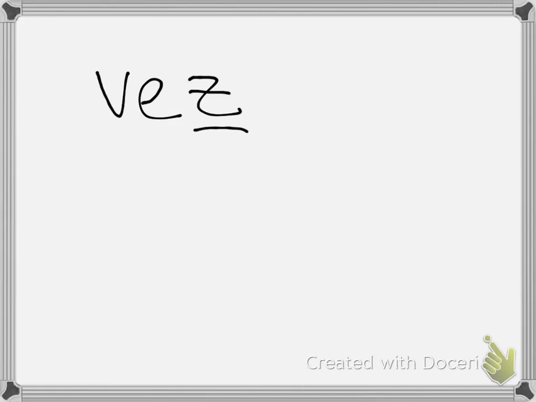So to make this plural, vez, which means time, I want to say times. Okay, so vez, I need to put an ES. But now I have a problem because of that rule. A Z can never be followed by an E or an I. So what do we do? Well, we switch the Z out for its cousin, the letter C, veces.